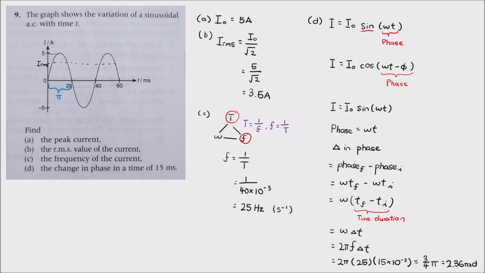So this one will be pi. So 3 over 4 will be about here, then here should be 3 over 4 pi, and that's equivalent to 15 milliseconds. So 15 milliseconds is equivalent to 3 over 4 pi of this wave cycle of the current. Okay, so that's it for this question.